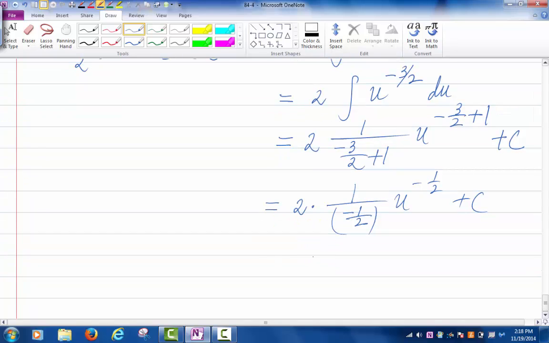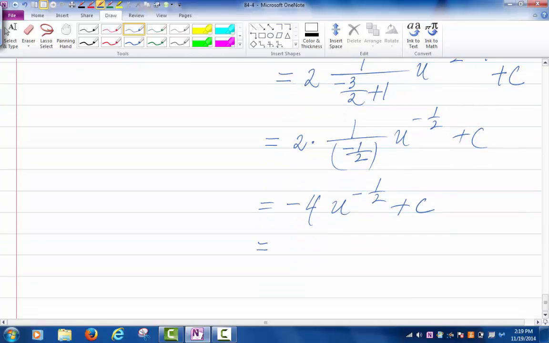And negative half in the denominator, so that's going to be multiplied by 2. So that's going to be negative what? 1 over negative half is the same as what? Negative 2, right? So I get negative 4 u to the negative half plus a c.